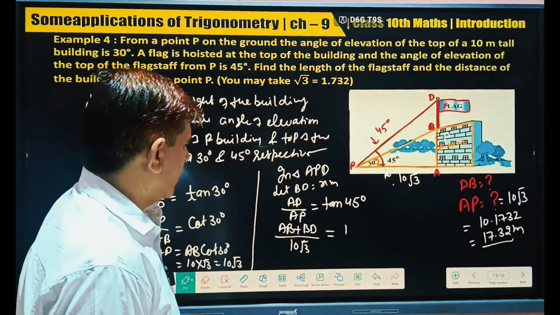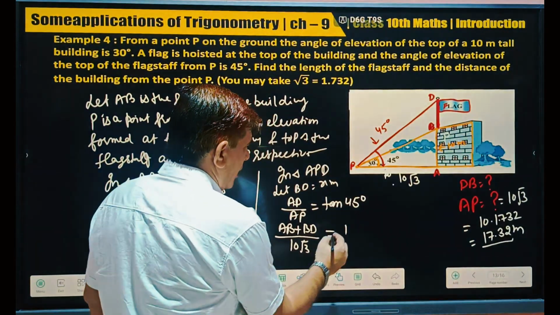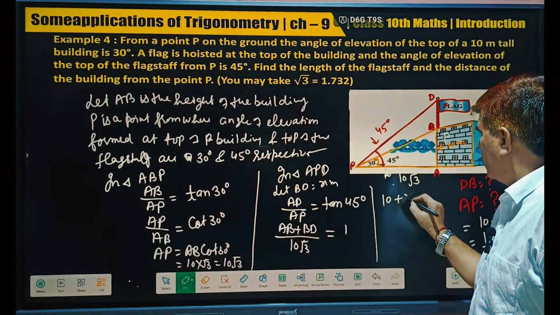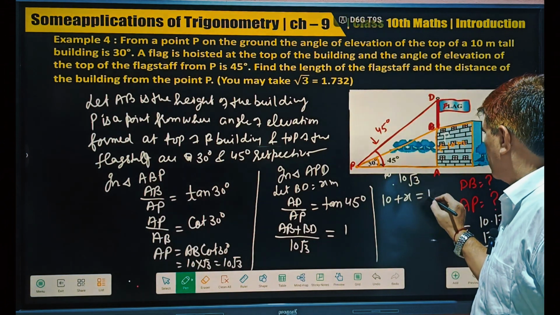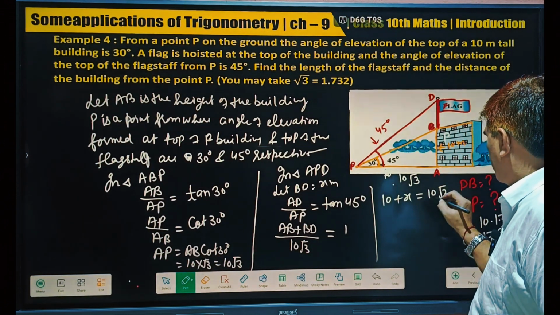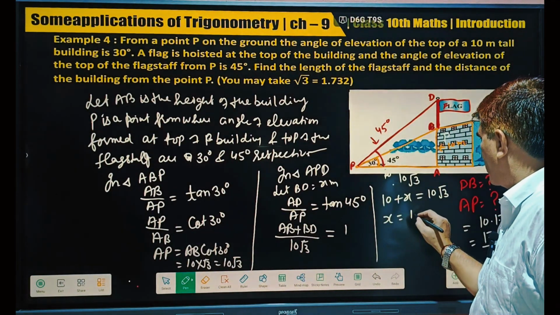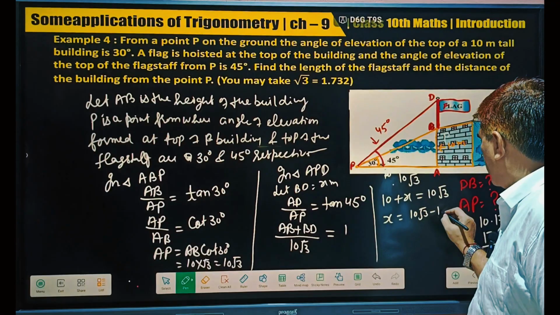Yes or no? AB equals 10, BD equals X, so 10 plus X equals 10 root 3. So X is equal to 10 root 3 minus 10.